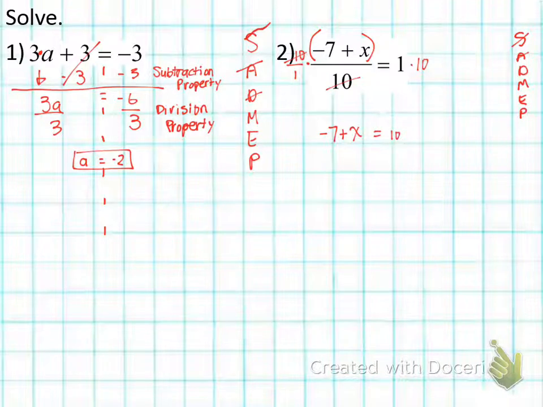Next, are there any multiplication signs? Nope. Exponents, no. Parentheses, we said there were parentheses around here, so now we can look inside and start again. What's next to the x is negative 7, so you add 7 to both sides. So x is equal to 17. This one's a little bit longer. Now we justify our work. We use the multiplication property.